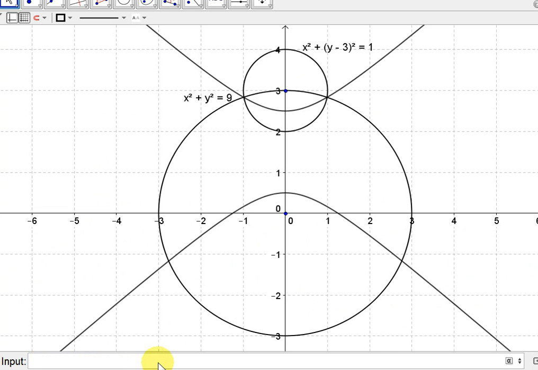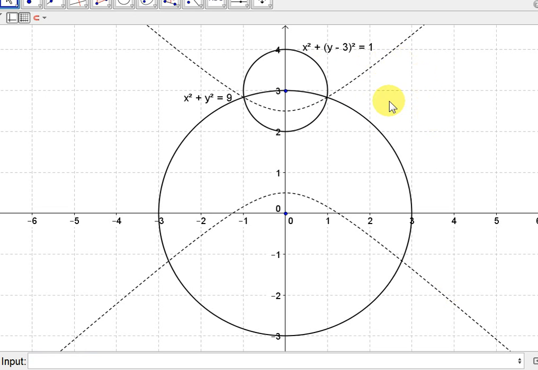So if I input this, we get the locus of a point, which is the center of a circle that touches both of these circles. So a circle centered anywhere on this dotted curve can be drawn to touch both of these circles externally.